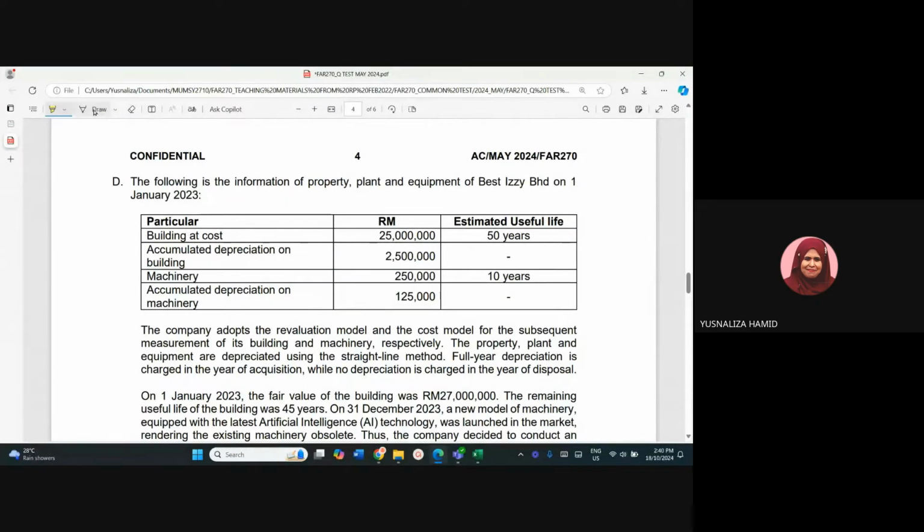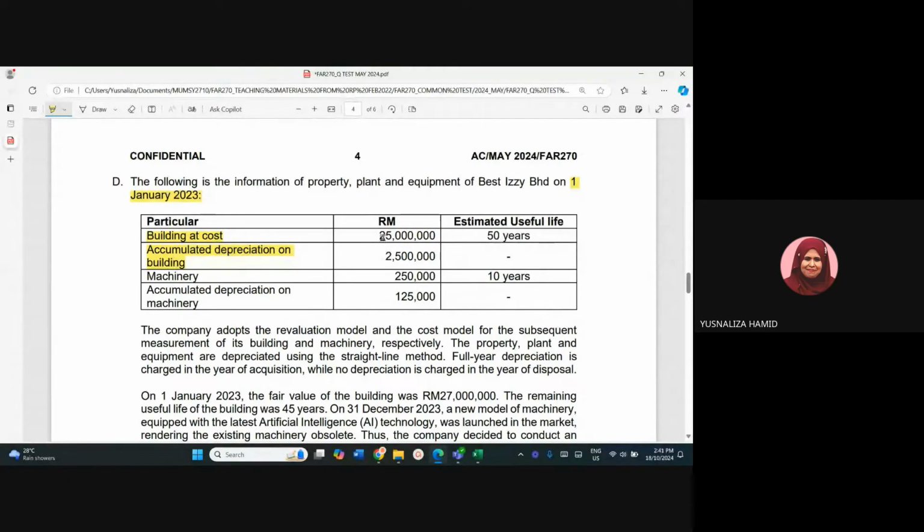First, look at the date that you are given the information. The information given to you is as at 1st of January 2023. You have two types of asset. One is building at cost together with accumulated depreciation.